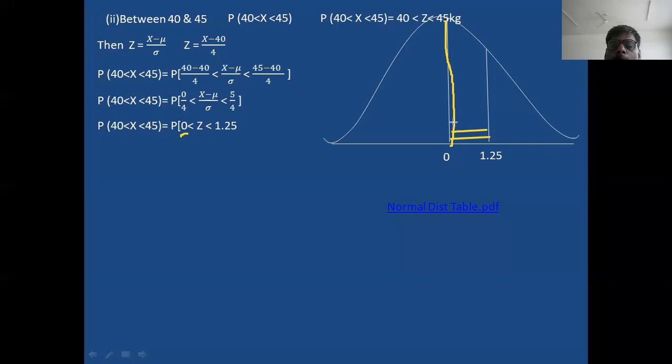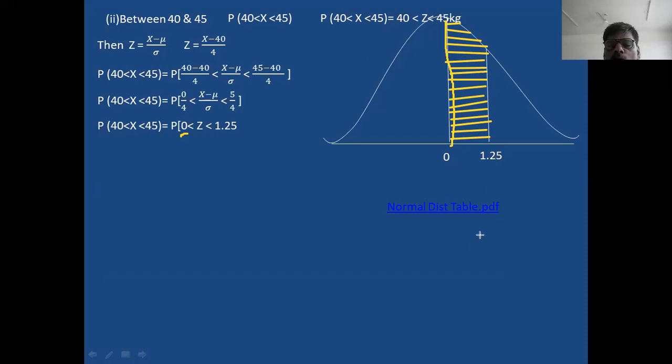Like this you mark it. You mark this value. This is the area 0 to 1.25. So 0 to 1.25 area is required.